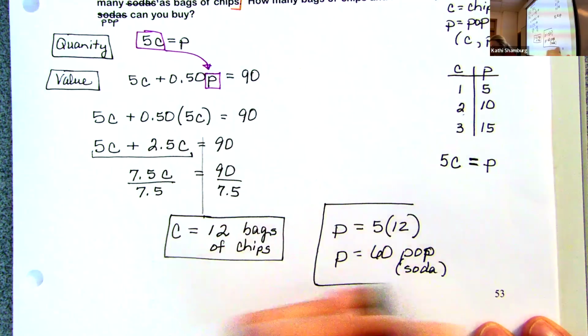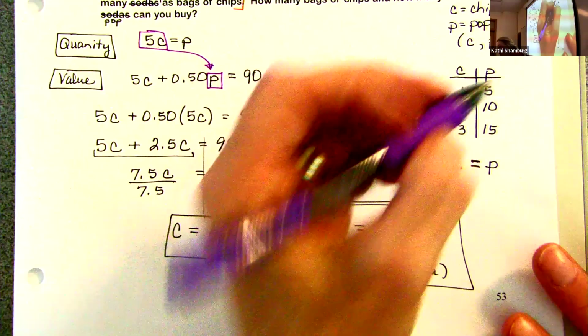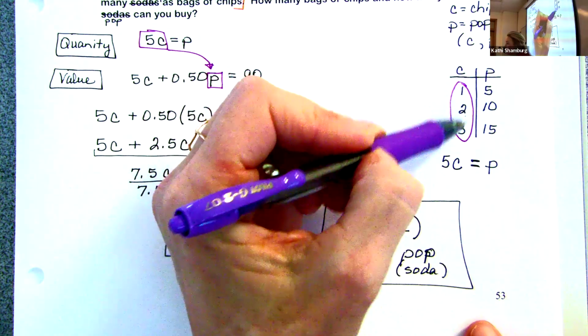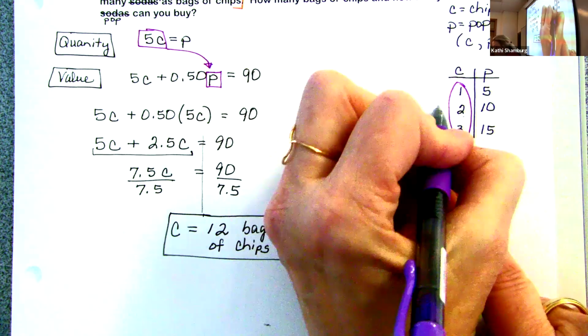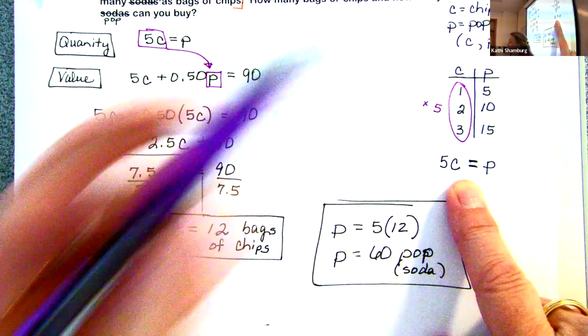Soda. Did you catch that? Heard a little chuckle. Okay. So again, up here, what we had to do is take however many bags of chips we have, which we call C, and multiply that times 5 to get it equal to pop.